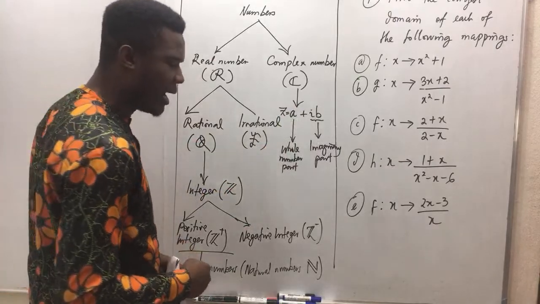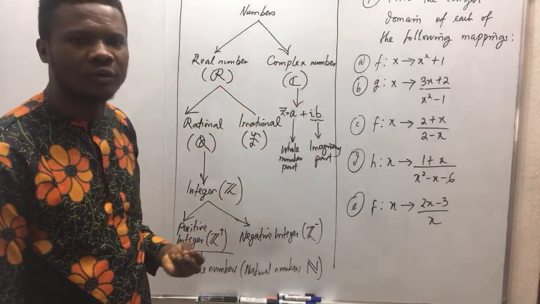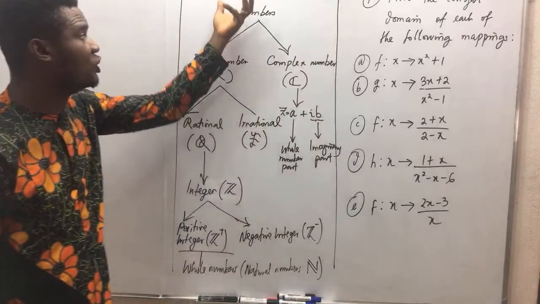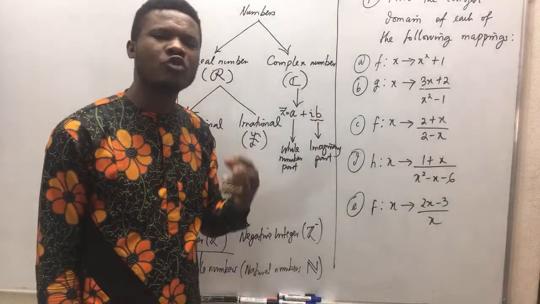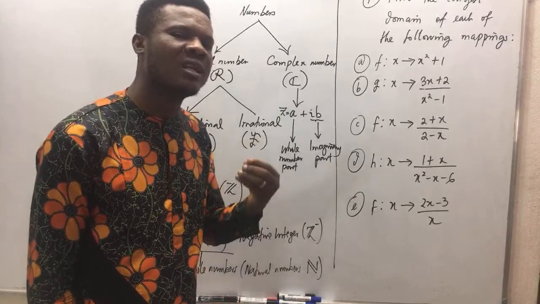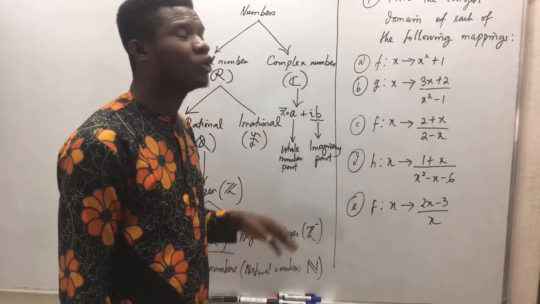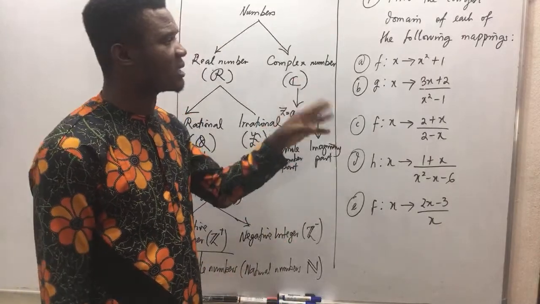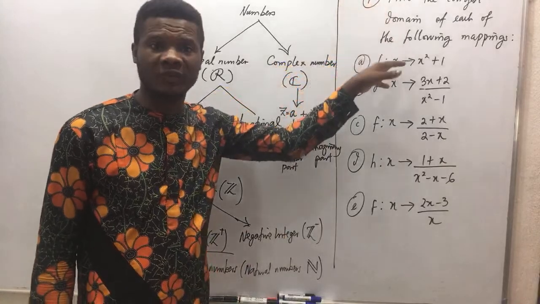Now, why is it necessary that solving question 1 would require a good knowledge of number systems? It is because if you don't have at least a surface level knowledge of numbers, it will be very difficult for you to attempt solving certain questions in mappings or functions of a real variable.